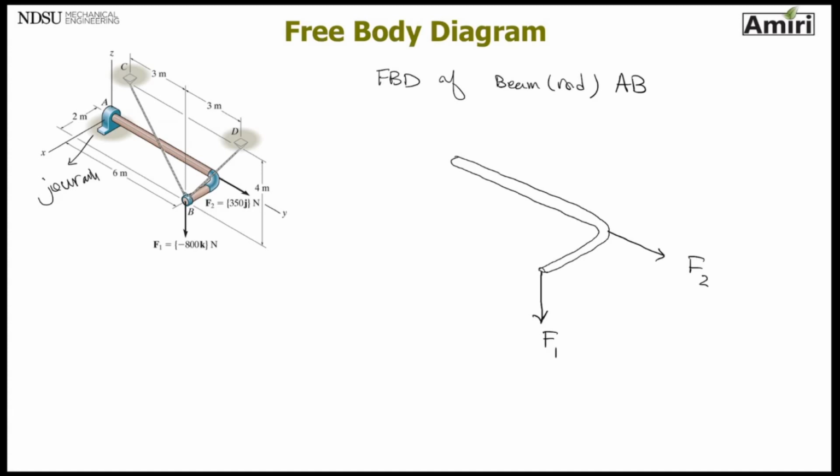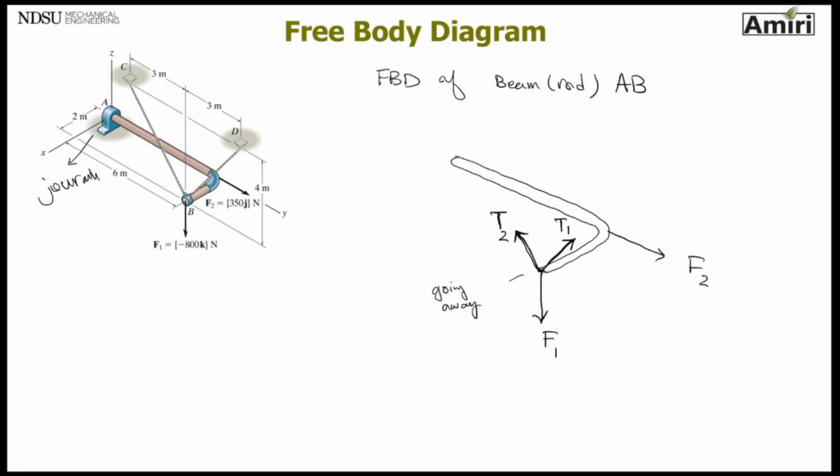That means the supports. So I see a tension going from point B to D, T1. I see another one going from B to point C. It's a rope, so it's always in tension. So it means it's going away from the point. And I have a journal bearing.